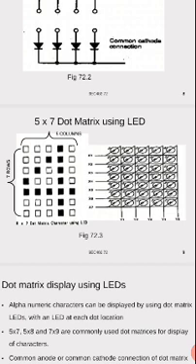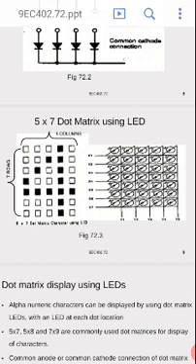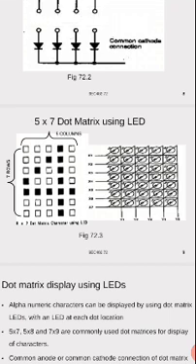We can compare above figures, which is shown 5 into 7 dot matrix with squares.